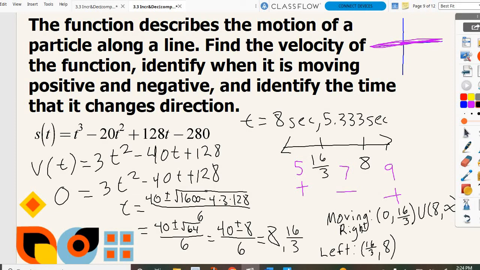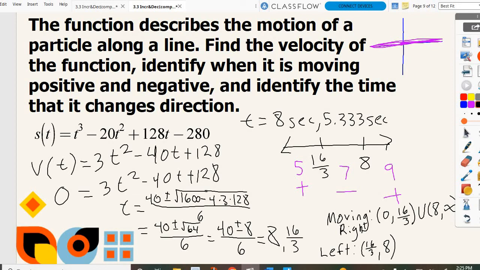Your function is represented by t, which is time, and s of t is just position in relationship to the starting spot. So when I say that it is -5 position, that is -5 spots from where it started. If you want that to be to the left, it can be. If you want that to be down 5, it could also be. In this case, it does not give you whether it's moving left or right or up and down.